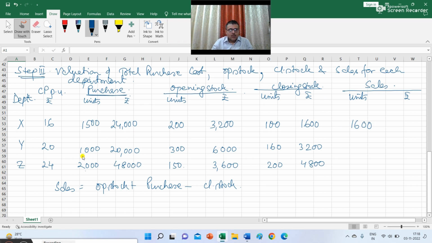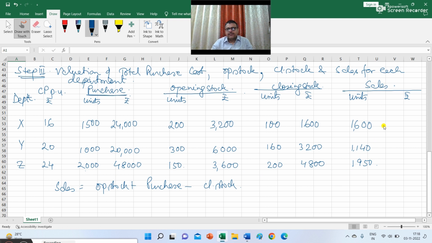Then if you add up 300 with 1000, that is the purchase units, and subtract 160 units, you will get 1140. Then opening stock of department Z was 150. 2000 units were purchased, and these two will be added and subtract 200 units, you will get 1950.